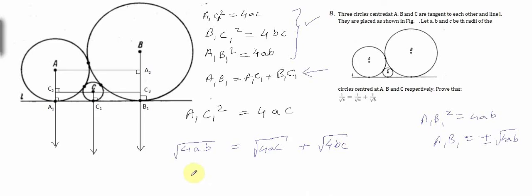In this equation, if we cancel under root 4 from both the sides, we get under root AB is equal to under root AC plus under root BC. Sorry, we divide throughout by under root ABC.